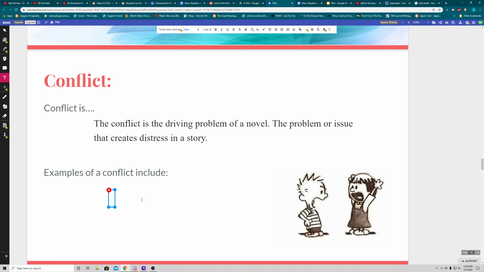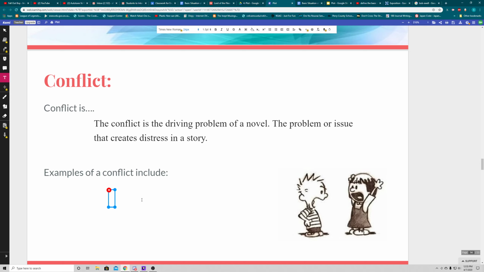For To Kill a Mockingbird, the very beginning conflict is Scout and Jim are trying to remember how Jim broke his arm. That's the very beginning conflict, the initial conflict. There can be many conflicts or many problems throughout the novel. That would be considered probably rising action because it's additional problems that are forcing the story forward. But the very first conflict or the very initial problem is what we're looking at with conflict.